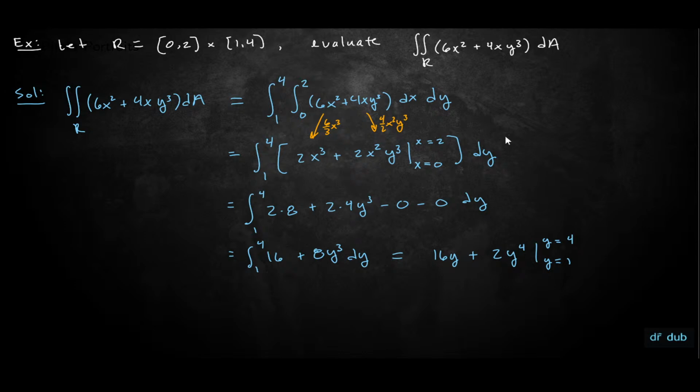Now I can plug in the bounds, and this will give us 16 times (4 minus 1) plus 2 times (4 to the 4 minus 1 to the 4). So that's 16 times 3, which is 48, plus 2 times (256 minus 1).